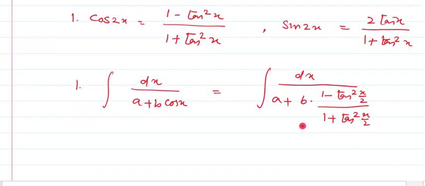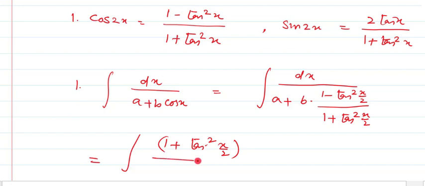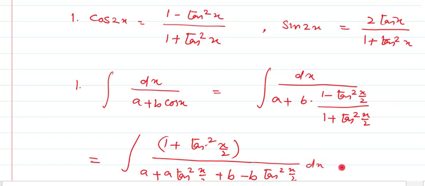Now you know very well that 1 plus tan square x is sec square x. So first of all, let us take the LCM. So it can be written as 1 plus tan square x by 2 upon, multiplying it by a, a plus a tan square x by 2 plus b minus b tan square x by 2, dx.